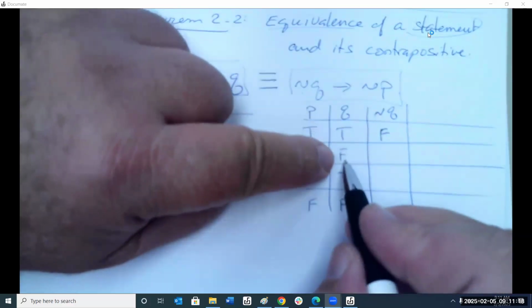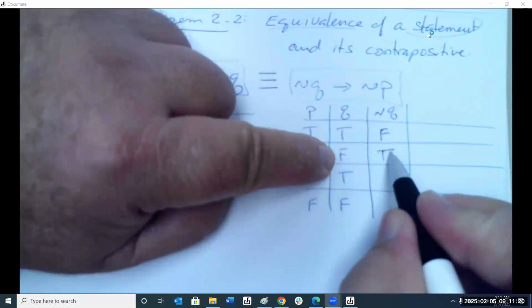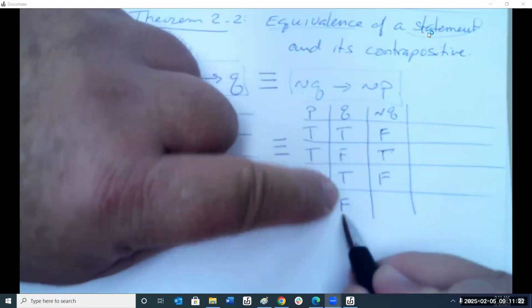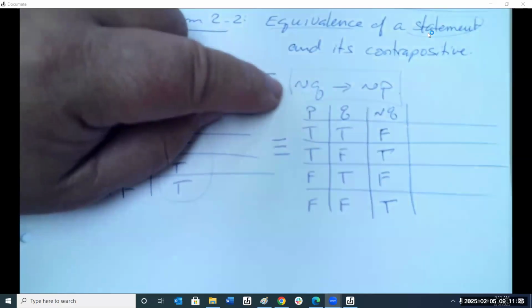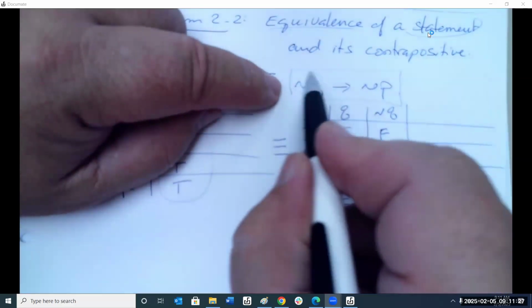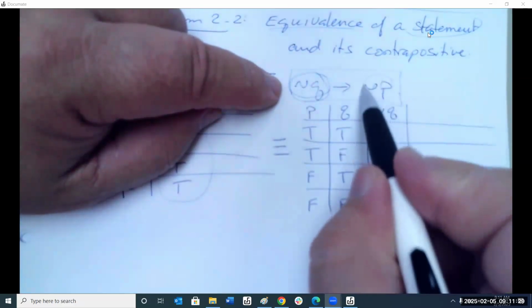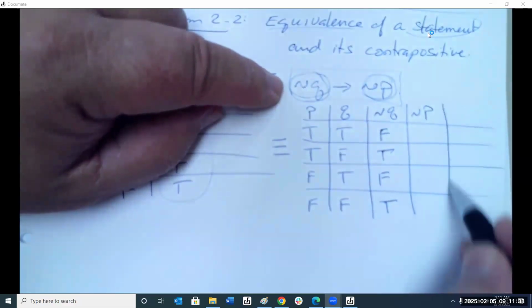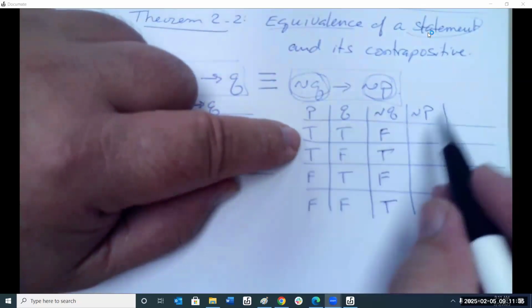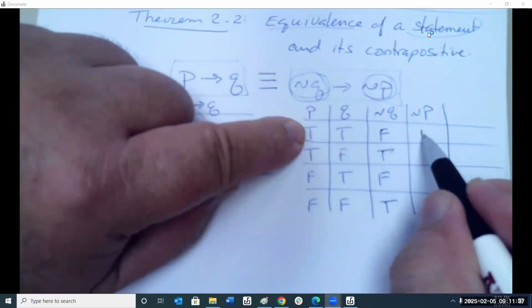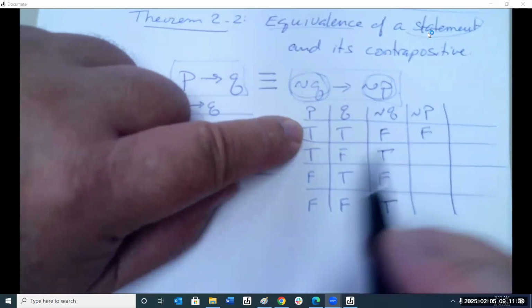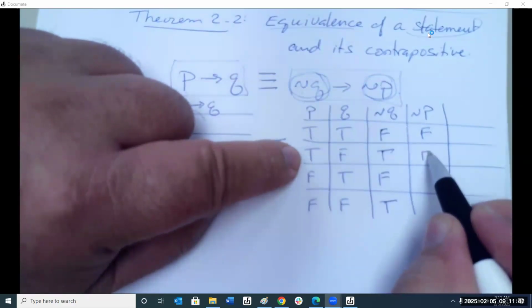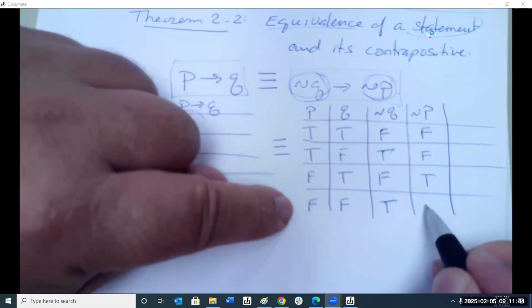F. If Q is F, then it's T. If it's T, then it's F, and if it's F, it's T. Now we gotta do the other side. We have to do the not P. So if P is T, then not T is F. If it's T, then it's F. If it's F, it's T and T.